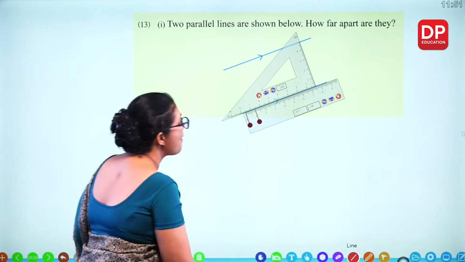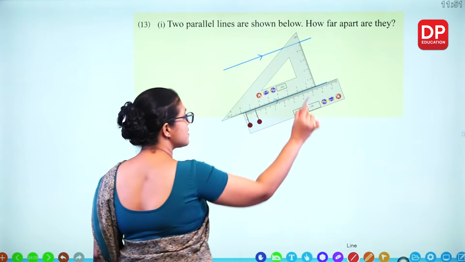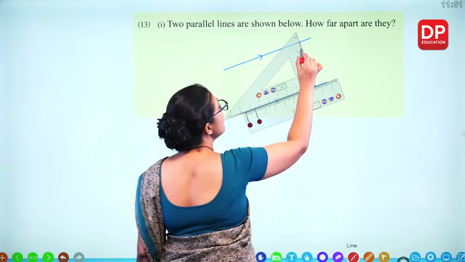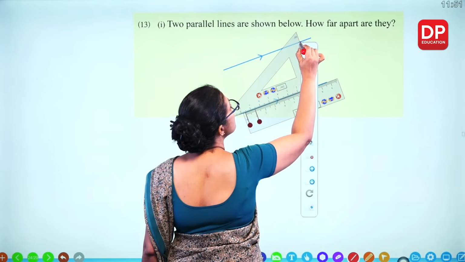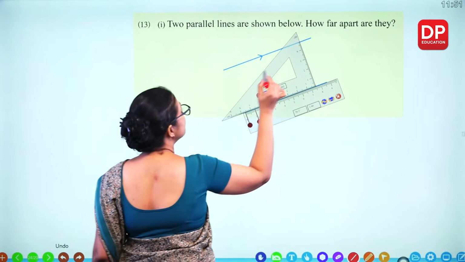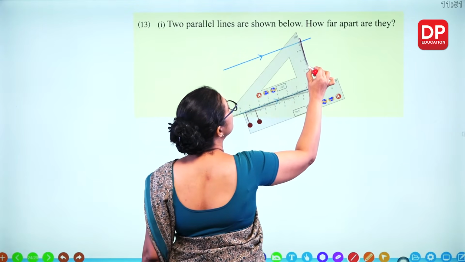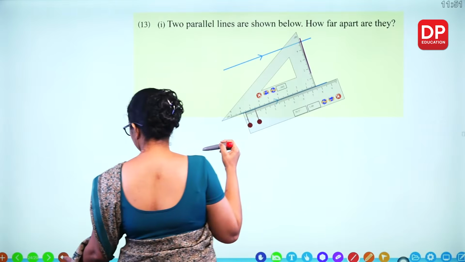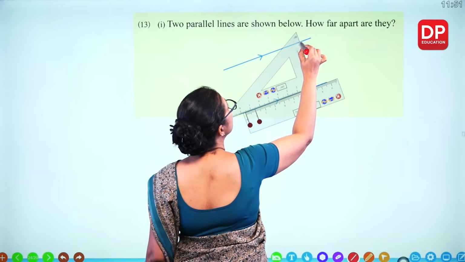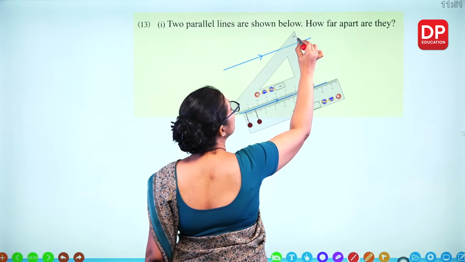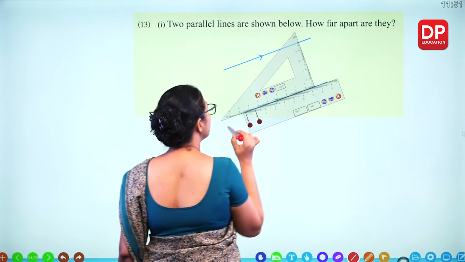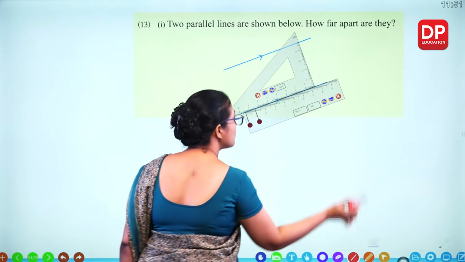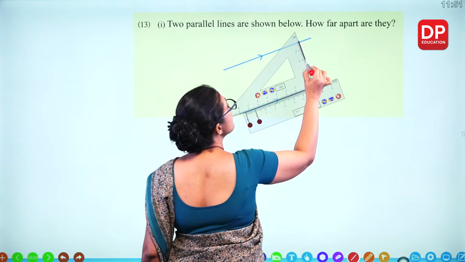So that's the perpendicular, this and this 90 degrees perpendicular distance you are getting. So you draw the line, you get the perpendicular distance here to here.